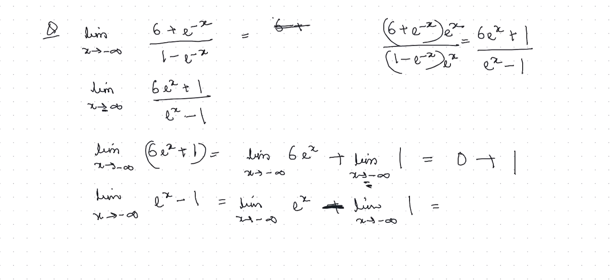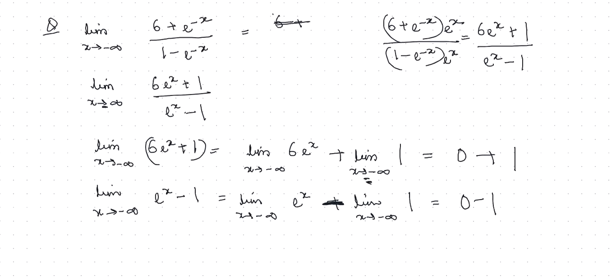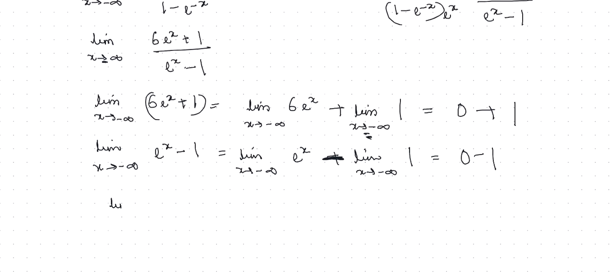So this gives 0 minus 1. So the limit as x tends to negative infinity of (6e^x plus 1) over (e^x minus 1) gives 1 over negative 1. So our final answer is negative 1.